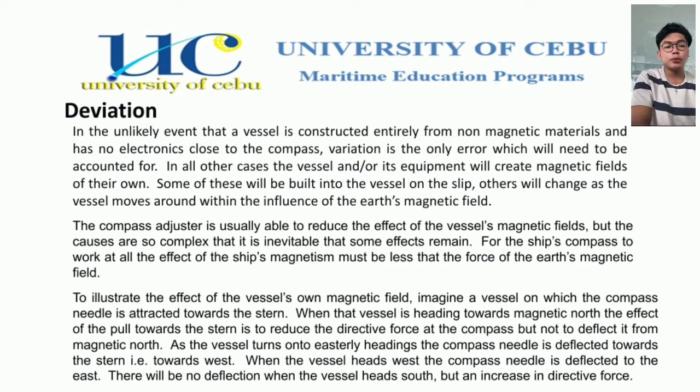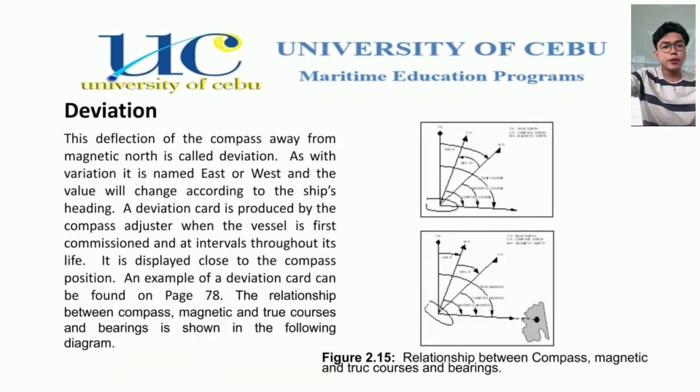There will be no deflection when the vessel heads south, but there is an increase in directive force. This deviation of the compass away from magnetic north is called deviation. As with variation, it is named east or west, and the value will change according to the ship's heading.